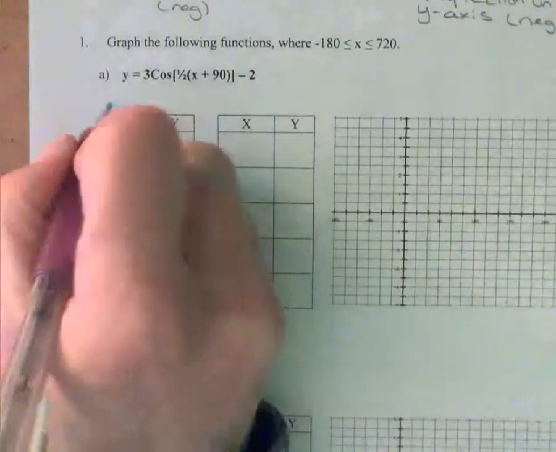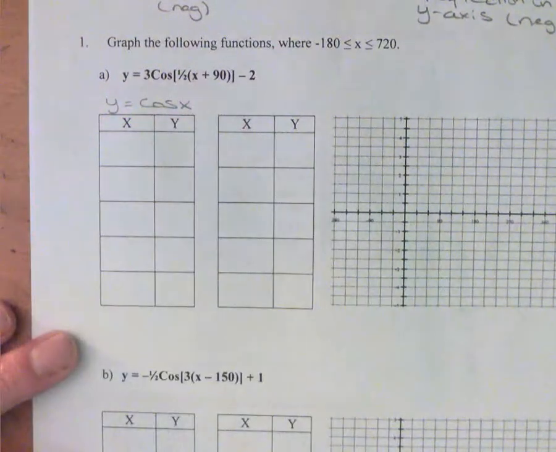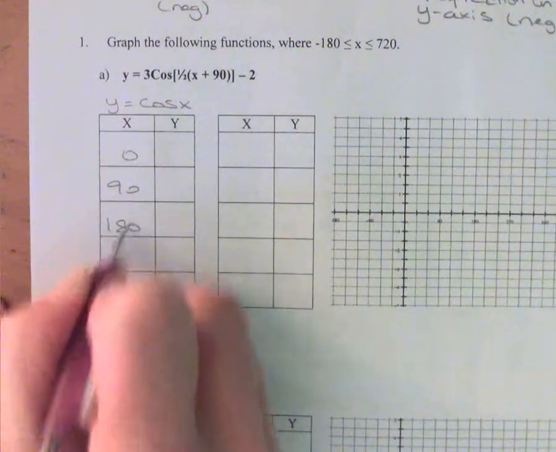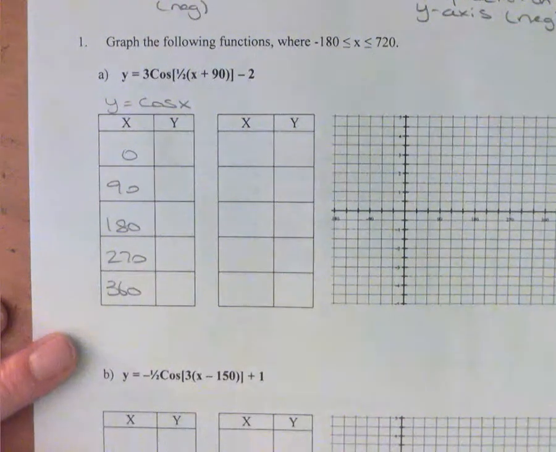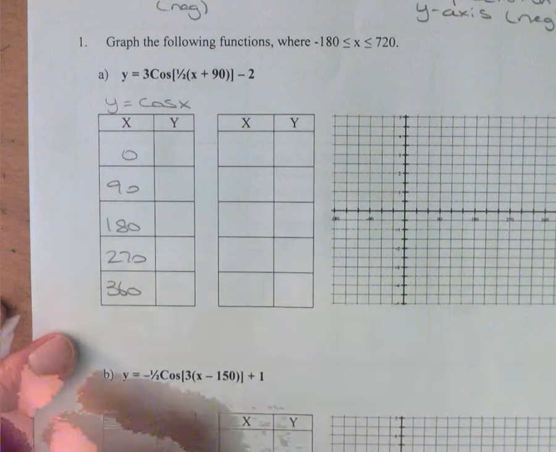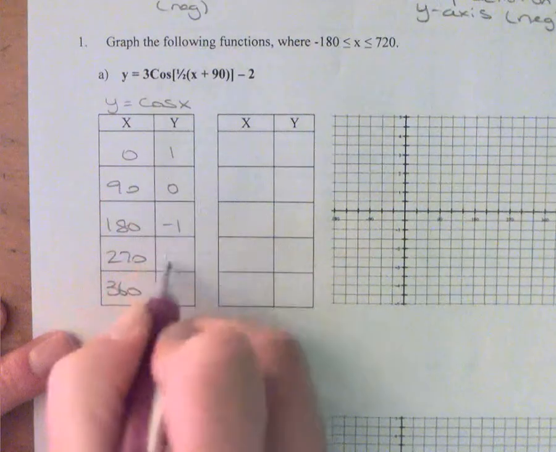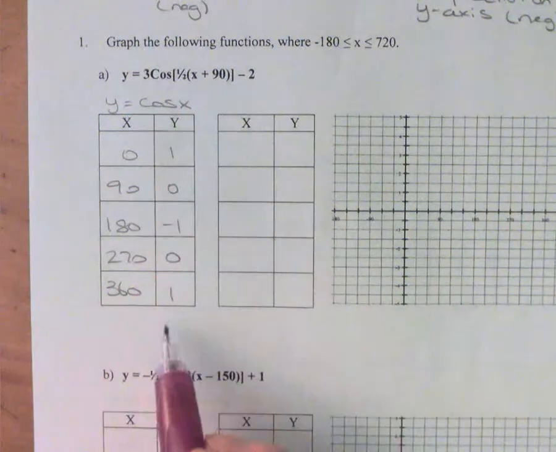So my base function will be y is equal to cos x. My key values are 0, 90, 180, 270, and 360. That doesn't change. My cosine graph, however, starts at 1, goes to 0, minus 1, 0, and 1. So now these are different numbers for my y values.